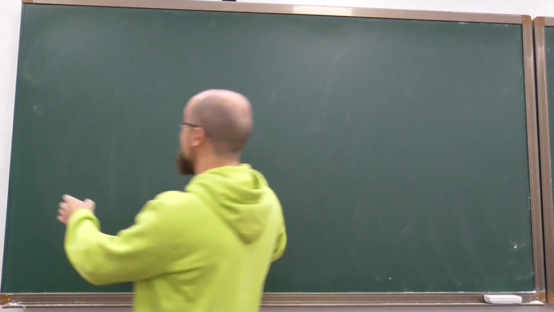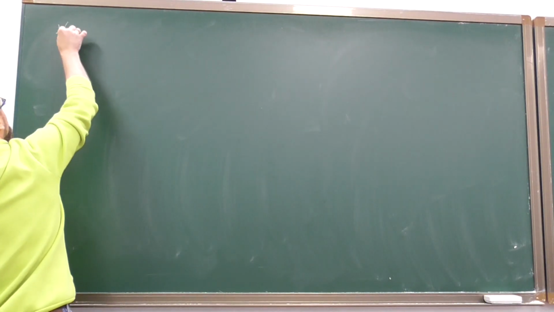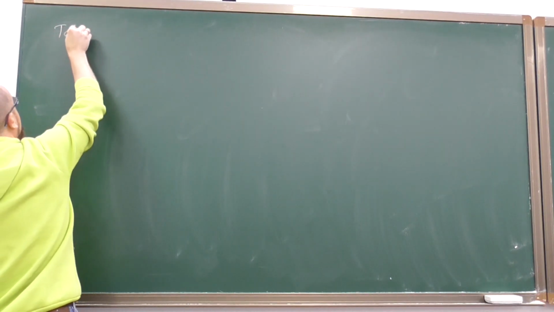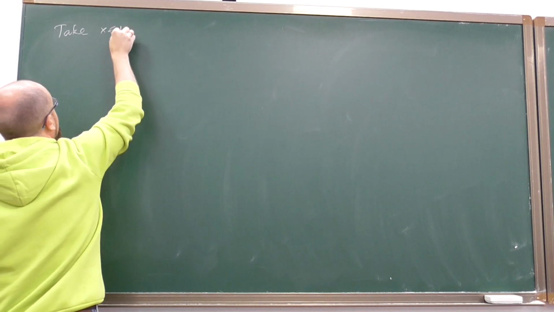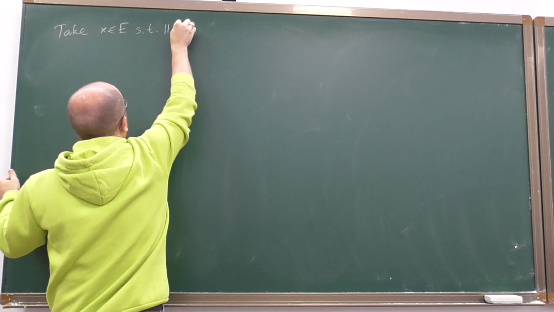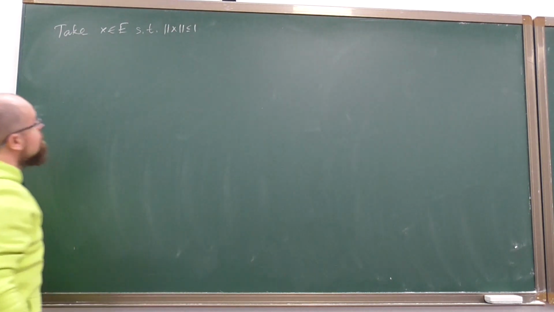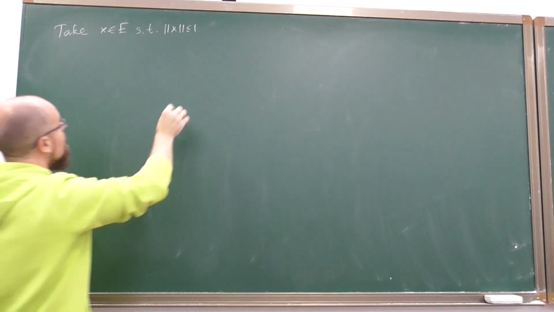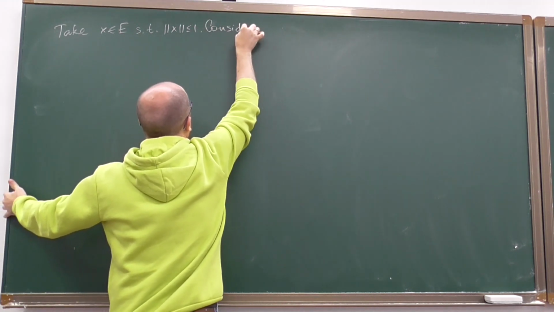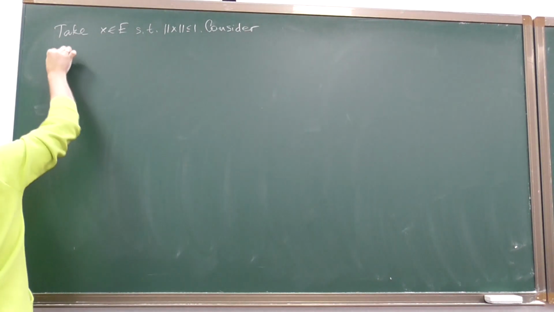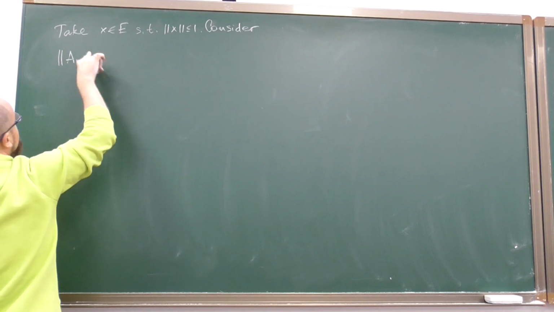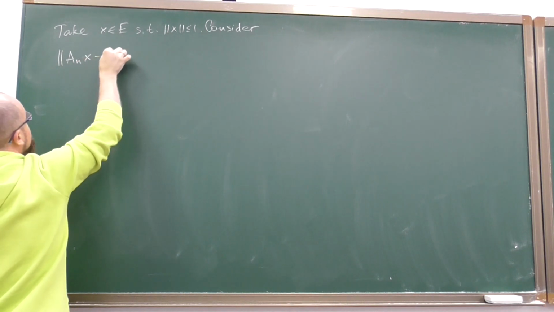Now let us take x with the norm less than or equal to 1, and consider An of x minus A of x.